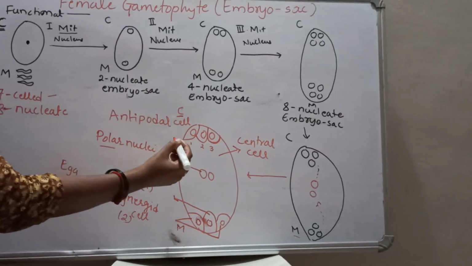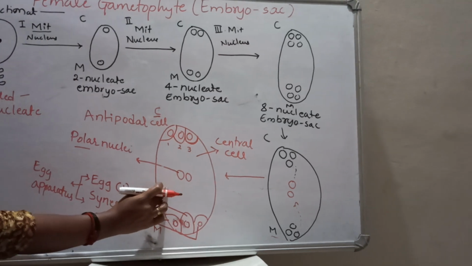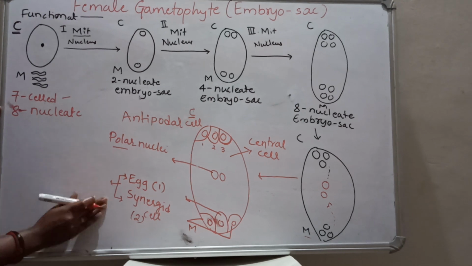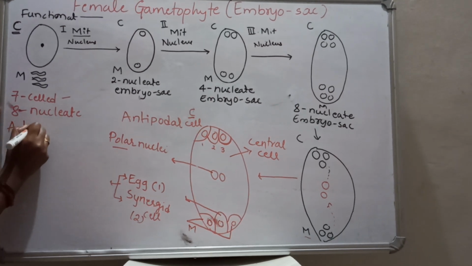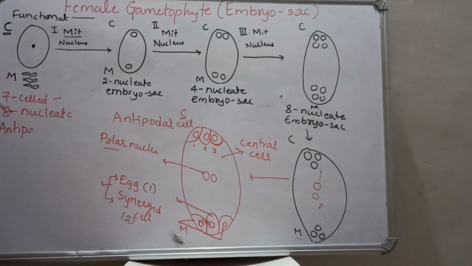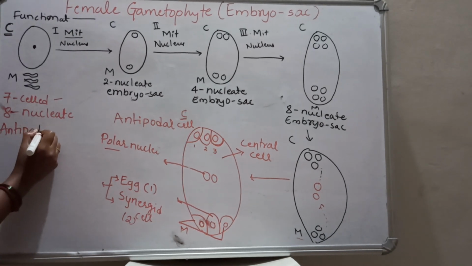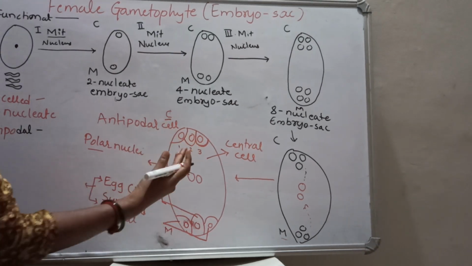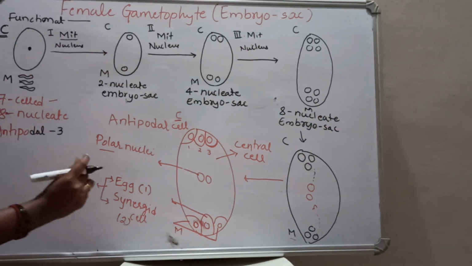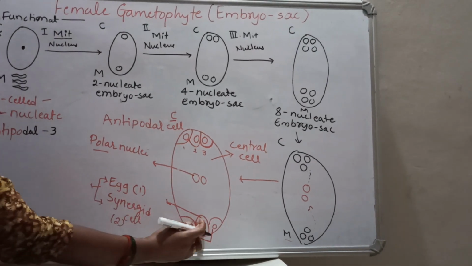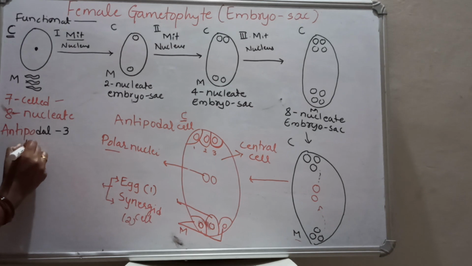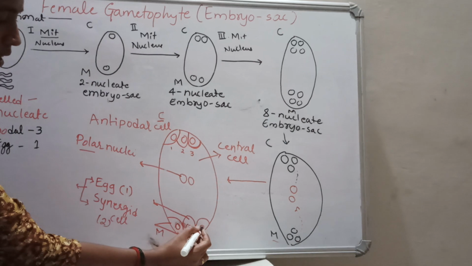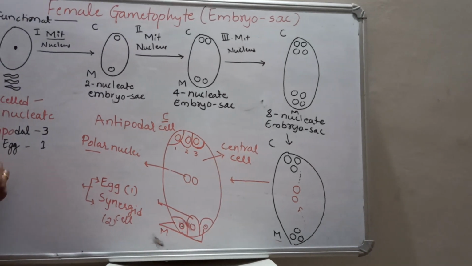Then, how many cells are present in that embryo sac? Antipodal cells: how many antipodal cells are present in the chalazal region? There are 3 antipodal cells. Then, how many egg cells are present in the micropylar region? There is only 1 egg cell, and the two are synergid cells.